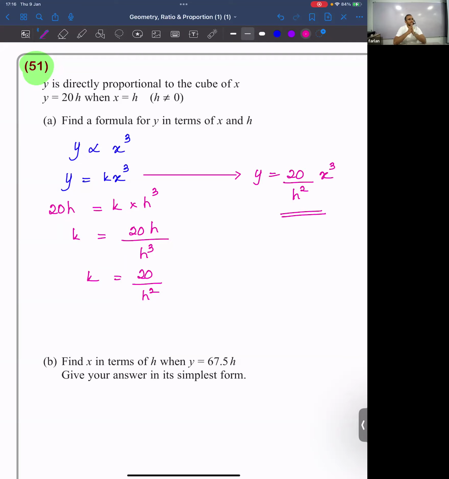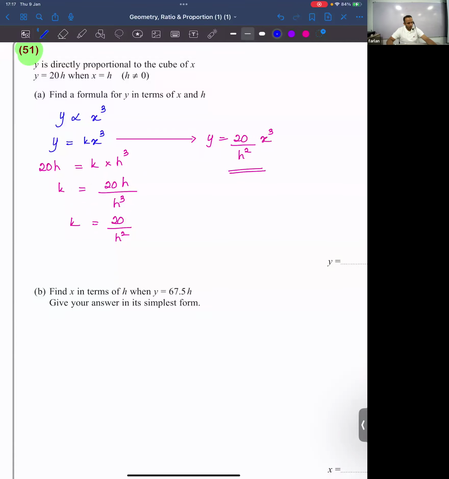Got this answer? That will be the y in terms of x and h: y equals 20x cube over h square. Then find x in terms of h when y is equal to 67.5h.